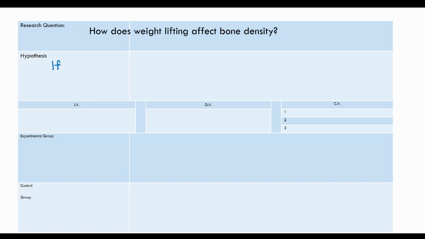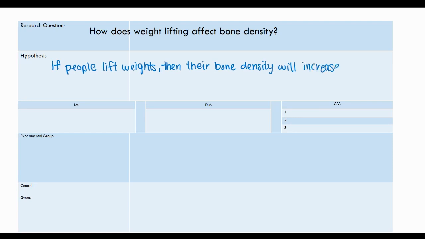So the hypothesis that we're going to write is that if people lift weights, then their bone density will increase.